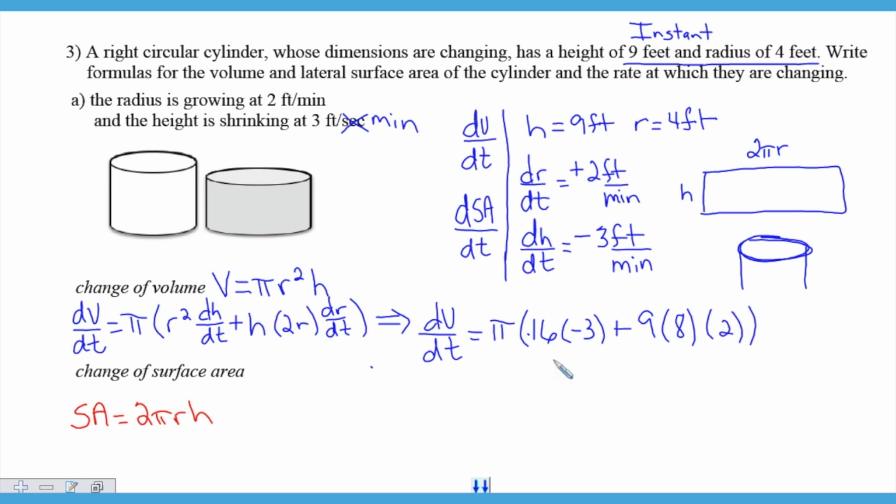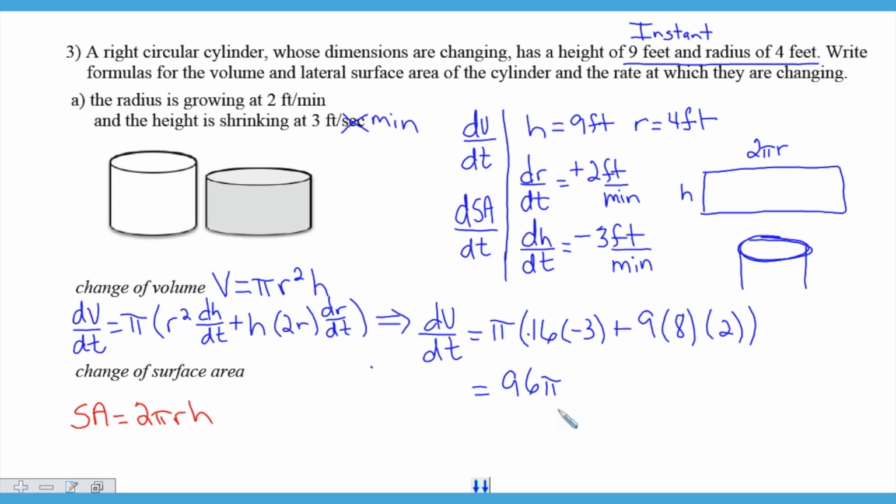All right, so that's -48 and 144. Is that right? -48 and 144. And so I think that gives me 96 right there. So this is 96 pi.